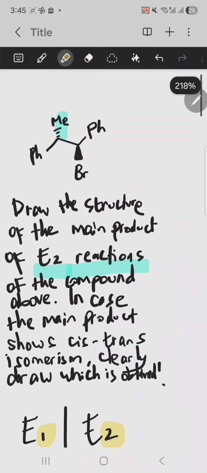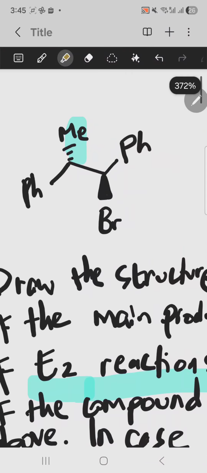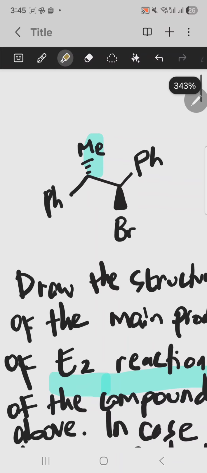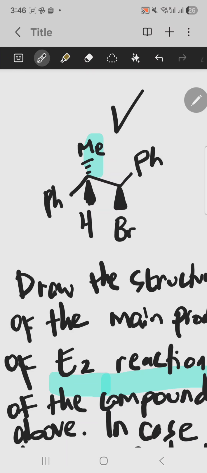So in this question, is it possible to proceed elimination reaction even though the hydrogen is in syn configuration with bromine? Still it can proceed. How come?